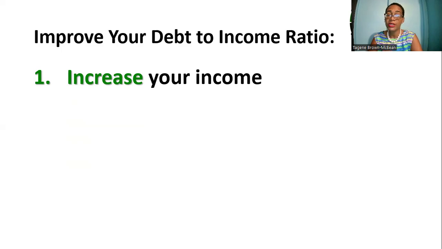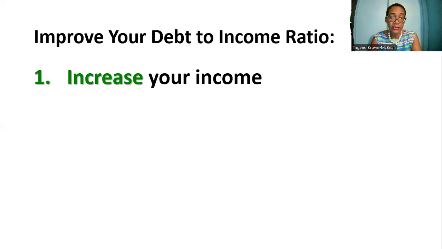Number one, you're going to increase your income. So ask for a promotion, you understand? Anything that you think will increase your income, that is where your focus will be.